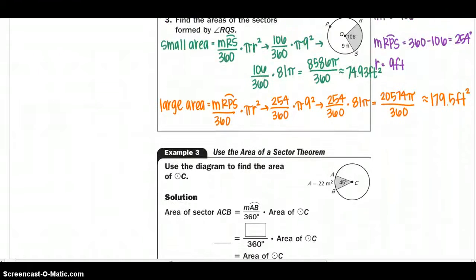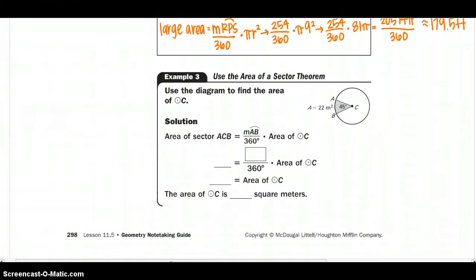Alright, we're going to go ahead and go on to finding the area of the sector. So we're going to kind of be in reverse. Remember our equation: area of a sector equals the arc measure over 360 times my area. So this is what I'm solving for now. Instead of having pi r squared there, I'm just going to have my area. So my area of my sector is given to me as 22 meters squared.